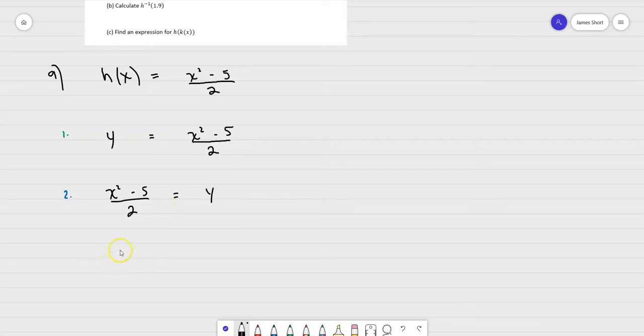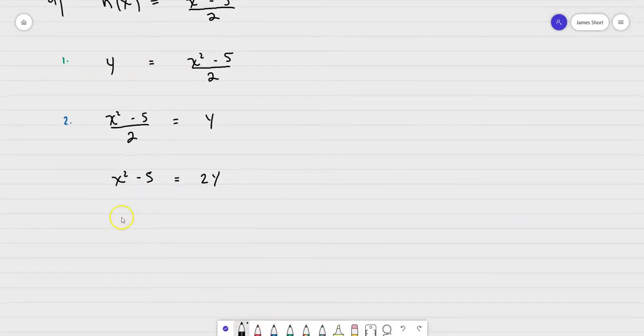Okay, so the next step, let's take this 2 that's dividing x squared minus 5 and take it to the other side, where it multiplies y. So we're multiplying throughout by 2 here. What we're left with is x squared minus 5 is equal to 2 times y. Now we can get rid of this minus 5 by adding 5 to both sides.